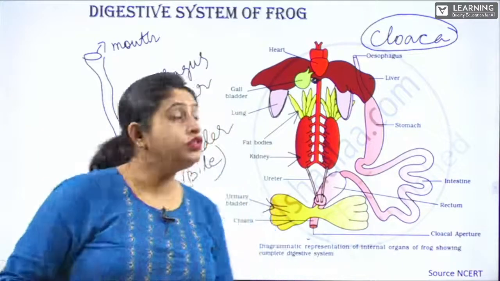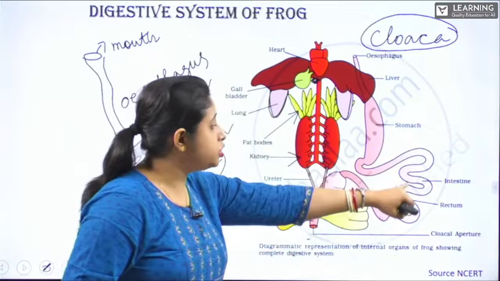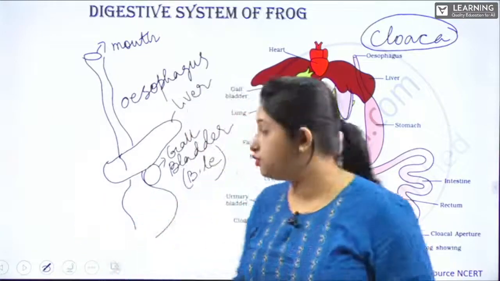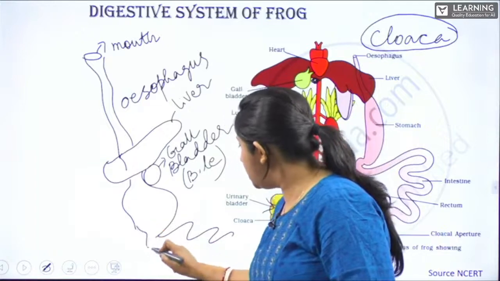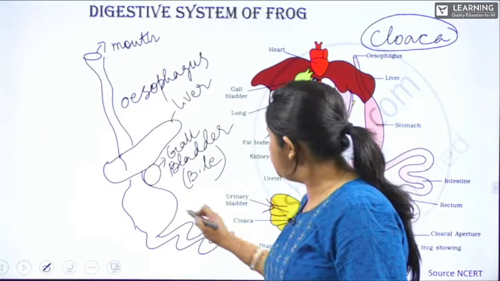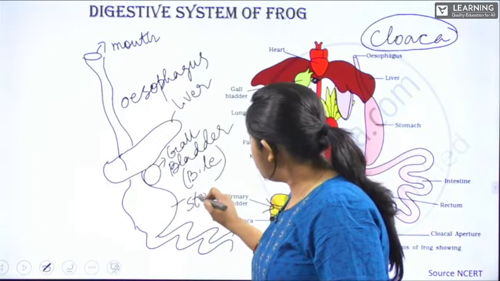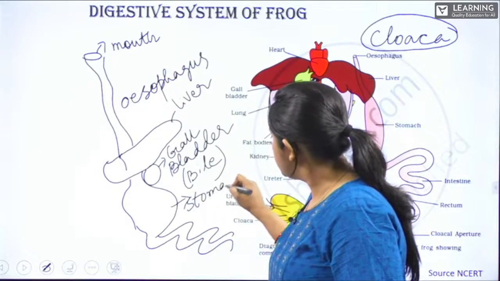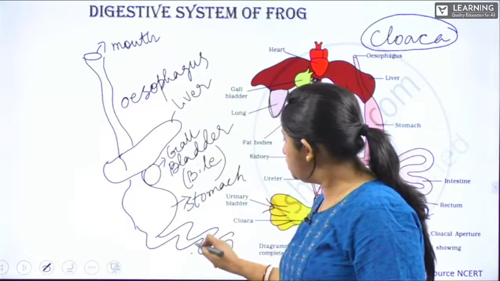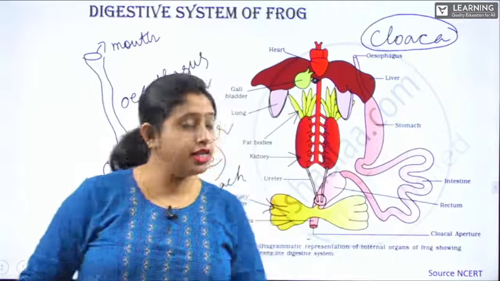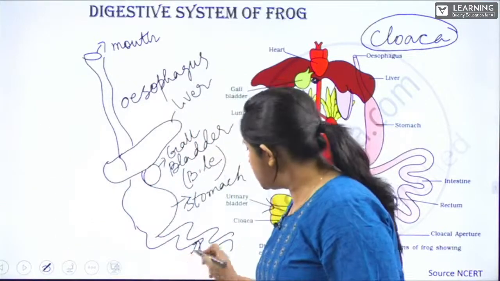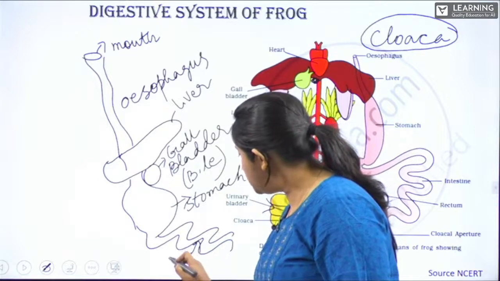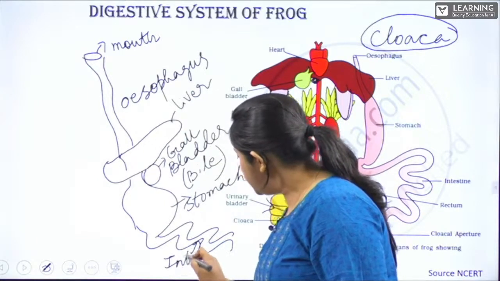It moves to the stomach, and from the stomach the undigested food moves to the intestine. It moves to the intestine, and it is released through the cloaca.